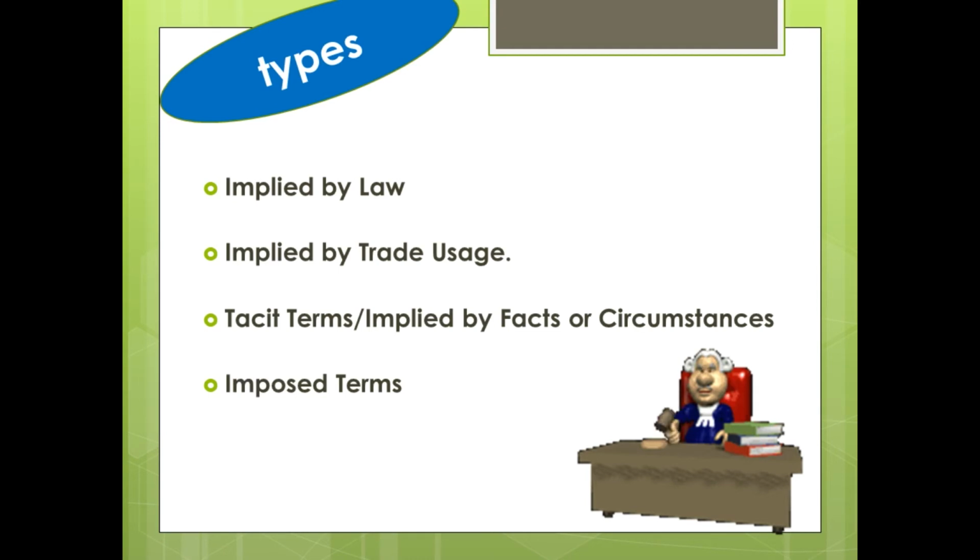Number 4, we have imposed terms. These are terms made to another party in a contract on a take it or leave it basis. These terms are found on tickets, notices, and programs. These imposed terms apply when the offeree is aware of the terms before contracting.